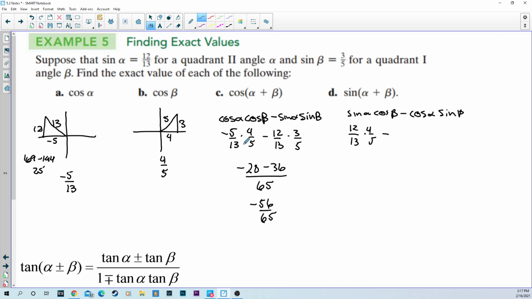And then minus cosine of alpha is negative 5/13. And the sine of beta is 3/5. We have 48, and we end up with plus 15 over 65. So we end up with 63 over 65.